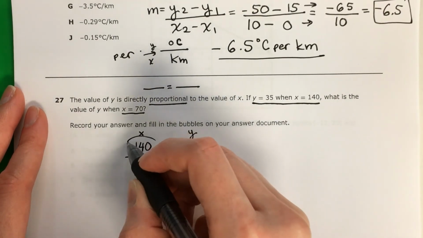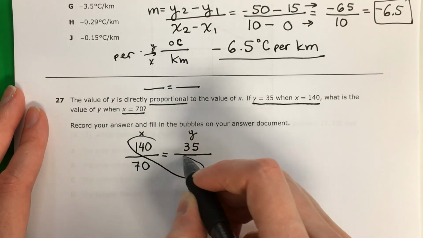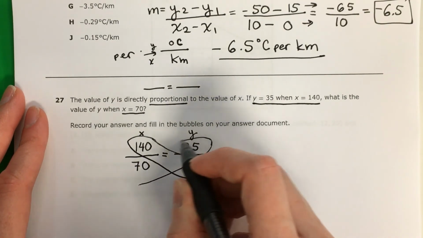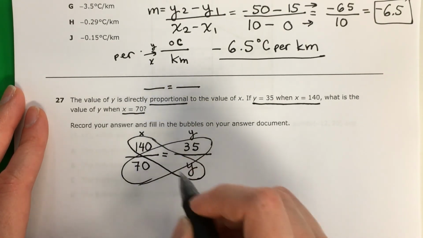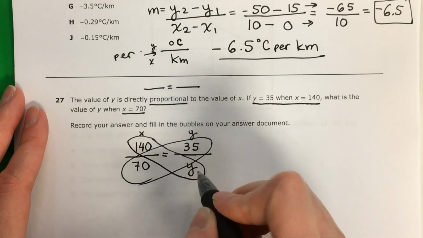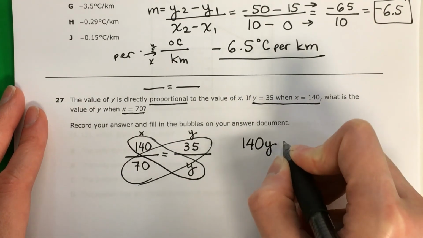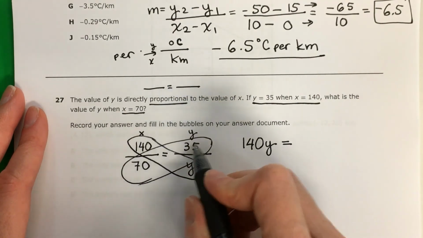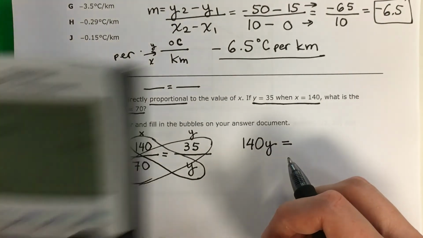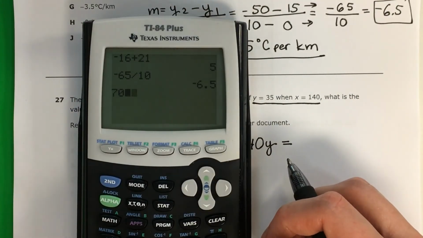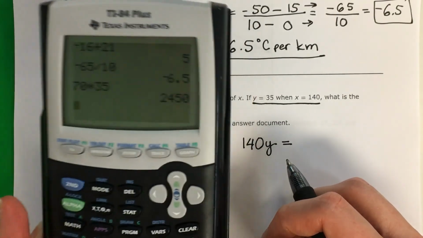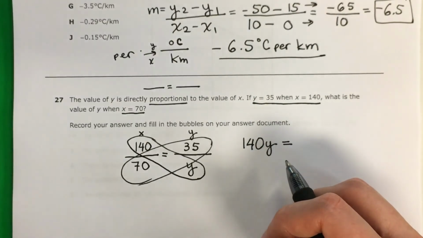How you solve is you cross multiply. So I'm going to do 140 times y. 140 times y is 140y, and put equals 70 times 35. Let's see what that is. 70 times 35. It's 2,450.